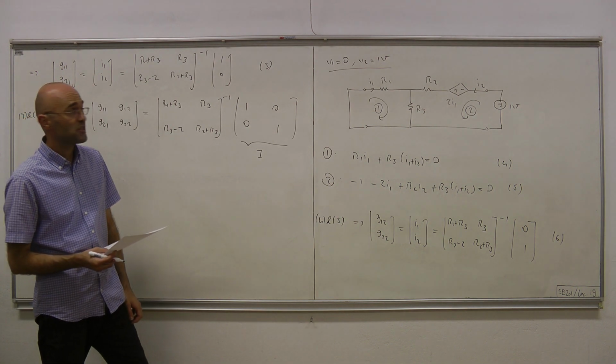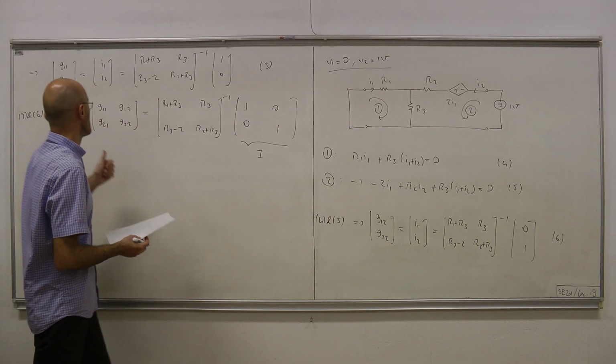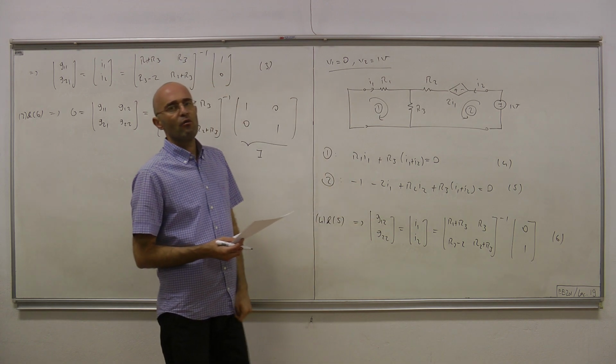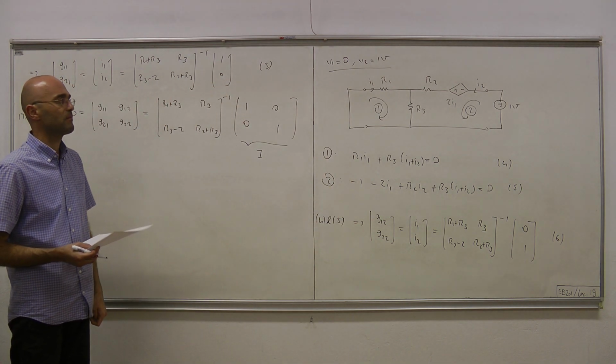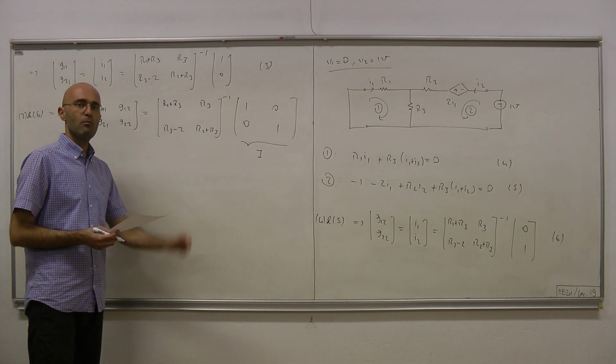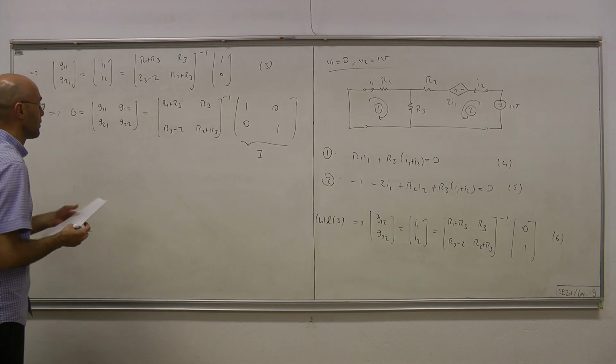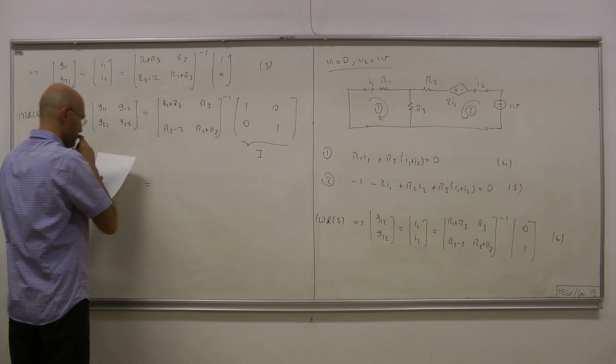If the inverse doesn't exist, that means you cannot write down the conductance matrix representation for that particular one-port. But for this example, both the resistance matrix and the conductance matrix exist.